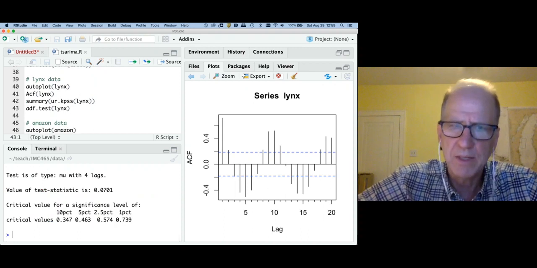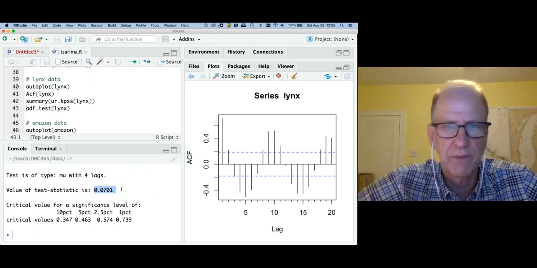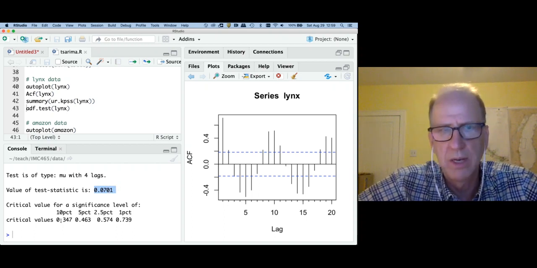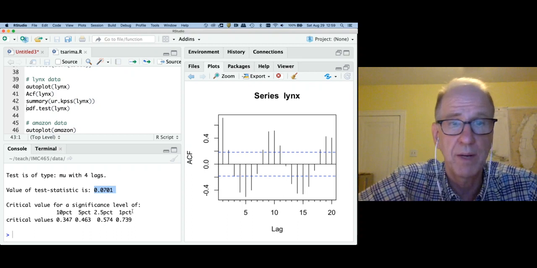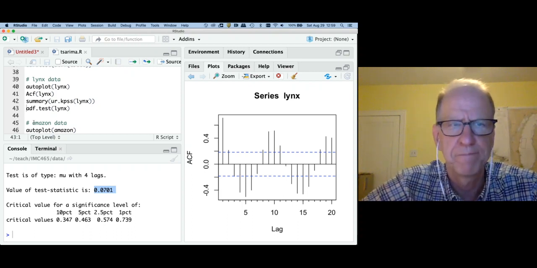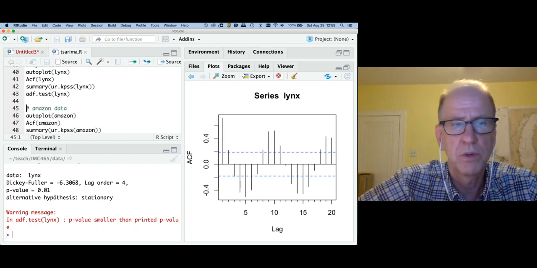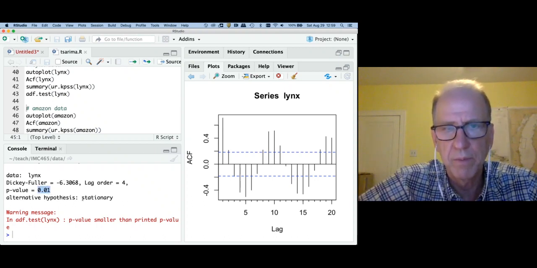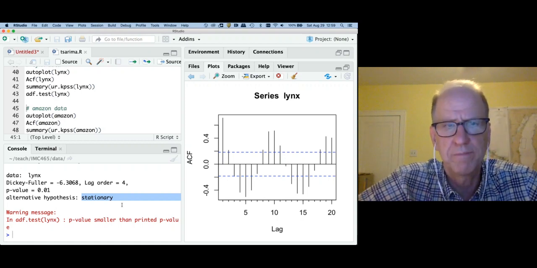If we look at our KPSS test, though, this is nowhere near being significant. That value is much smaller than any of the critical values, suggesting I can't reject the null hypothesis of stationarity. If we do the ADF test, we're going to come to the same conclusion. So tiny p-value means we're going to reject the null and conclude that it's stationary.